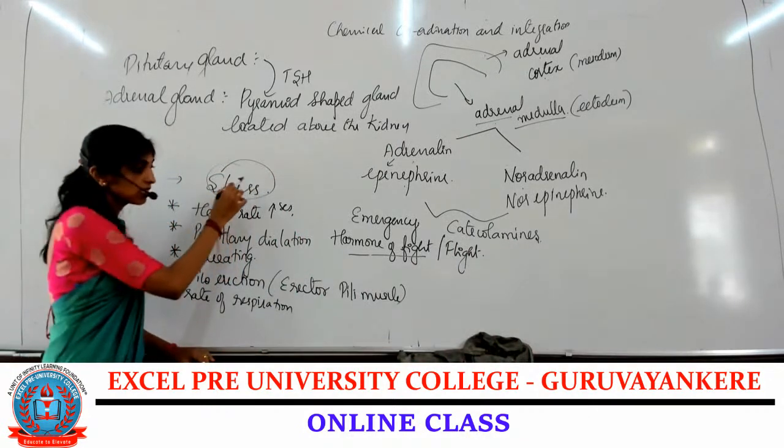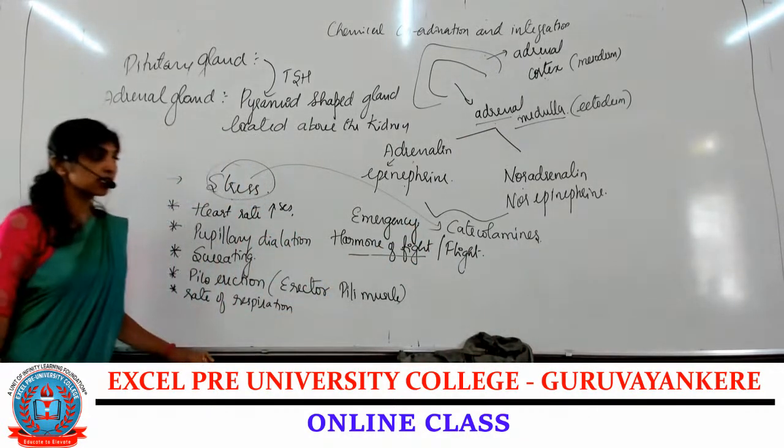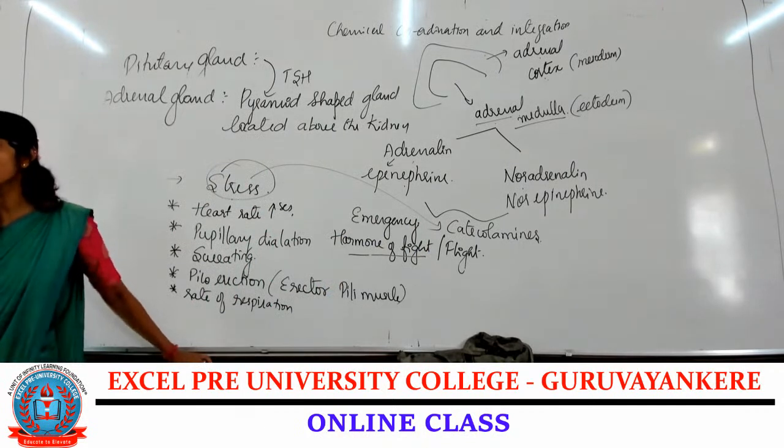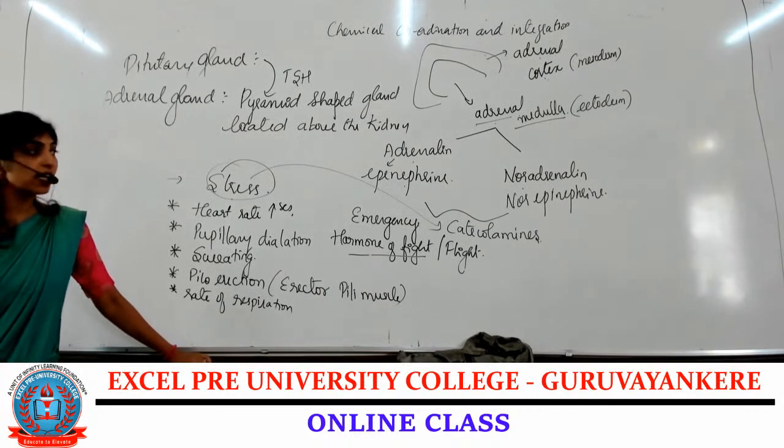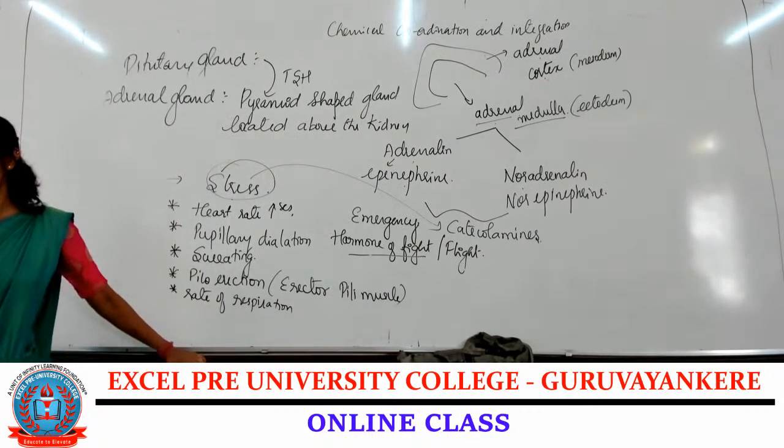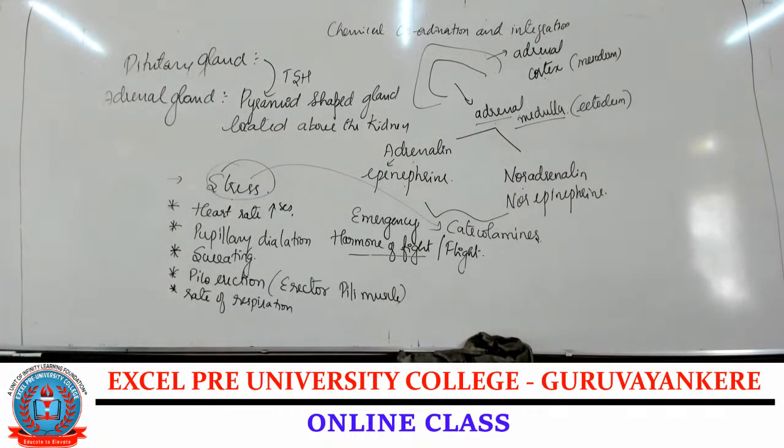When the person is under stress, it also secretes catecholamines. Which are the catecholamines? Adrenaline and noradrenaline, also called epinephrine and norepinephrine.